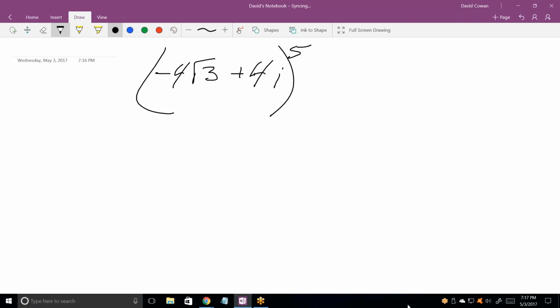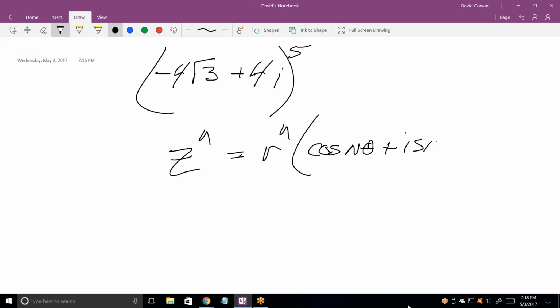Here's the general equation: z to the nth equals r to the nth times cosine of n theta plus i sine of n theta, where z is the complex number in the parentheses. So if I want to raise that to the 5th power, first of all, let's figure out what r is.